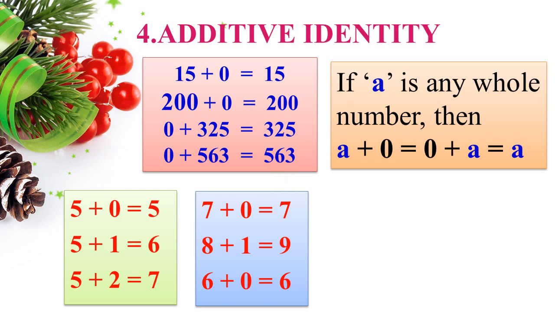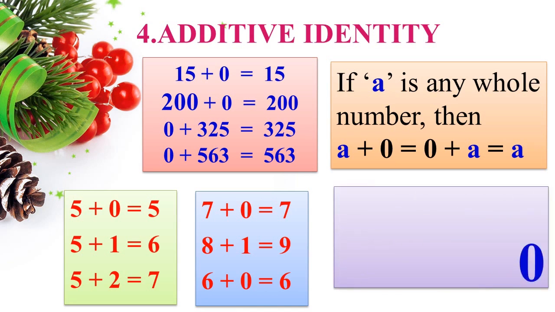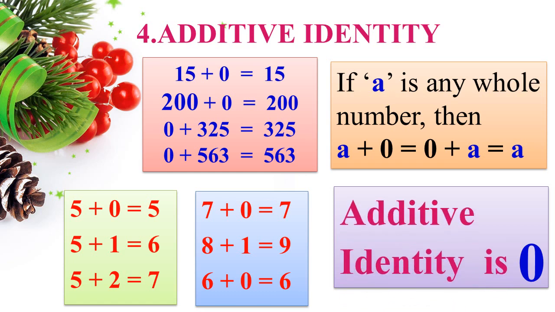Here, which number when added gives us the same number? 0. Therefore, adding 0 to any number does not change the value. For this reason, we call 0 the additive identity. Therefore, the additive identity is 0.